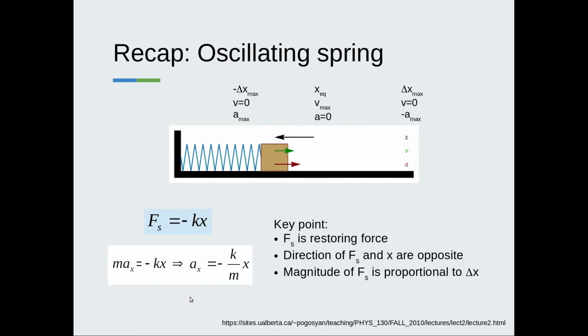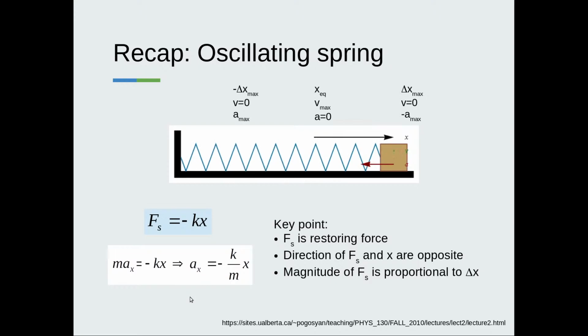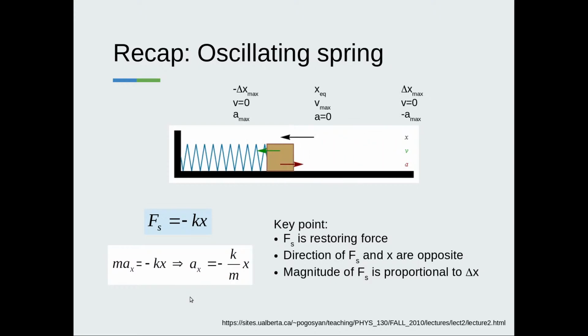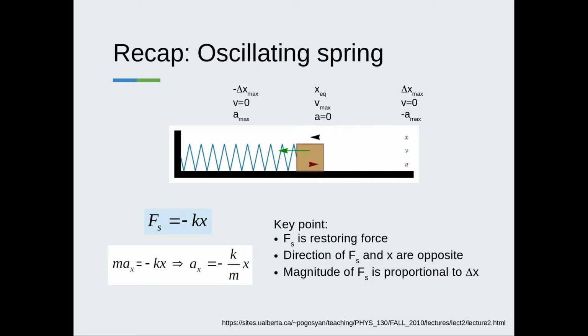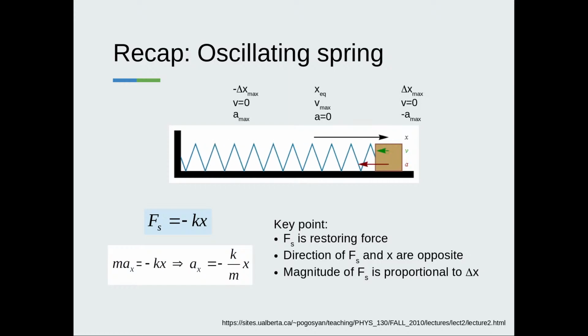And here are three key points. The first one is the force from the spring is the restoring force. That is the force which drives your mass to come back to the equilibrium position. So that's the reason why we call it restoring force.